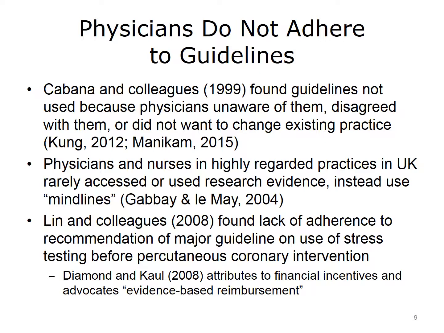Yet many cardiologists skip the step of stress testing and move straight to the percutaneous coronary intervention. In an editorial, Diamond was concerned about this finding, and he attributes the situation to financial incentives for such intervention and advocates what he calls evidence-based reimbursement.